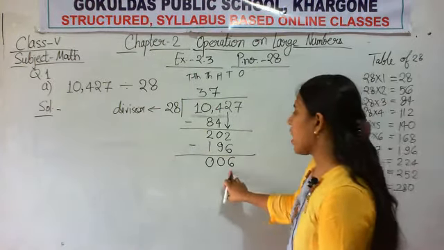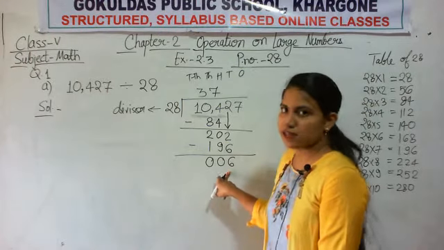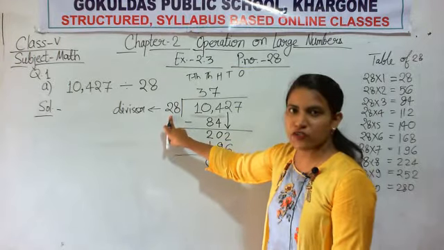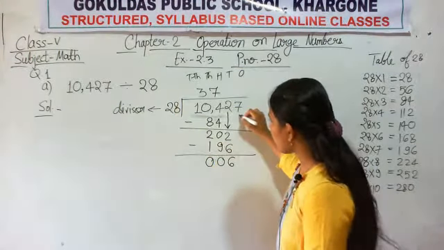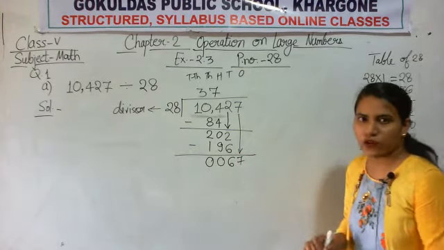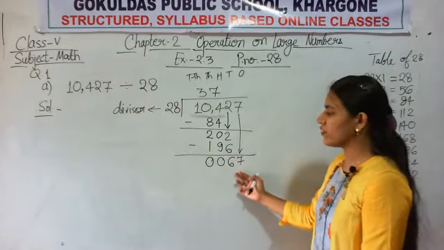Now your number is 6. You cannot divide 6 by divisor 28, so you have to bring down the number 7 here. Now your new dividend is 67.